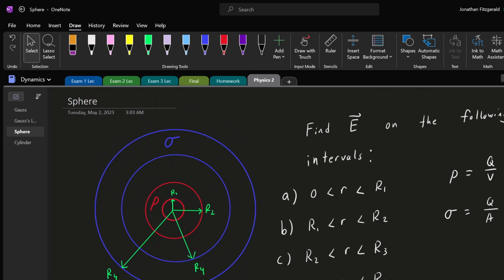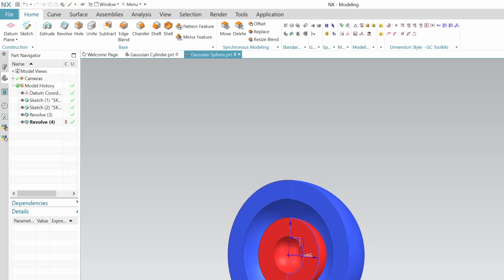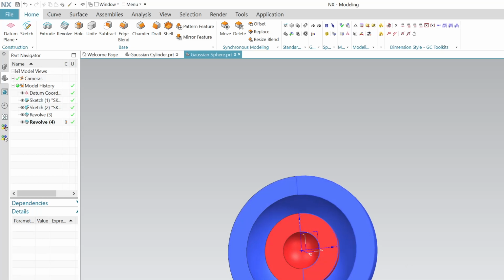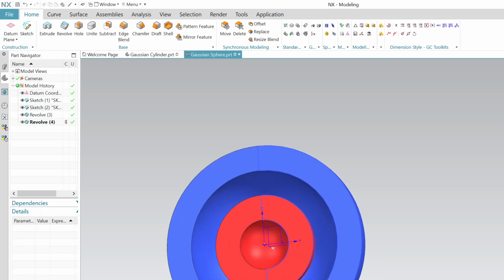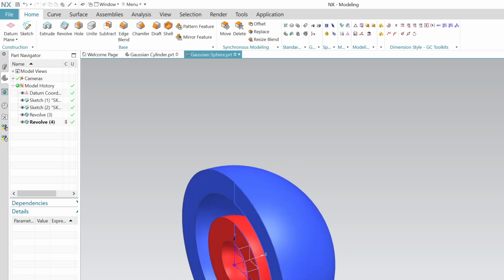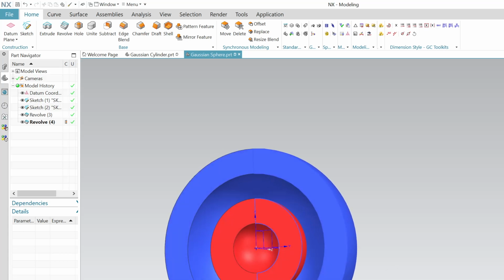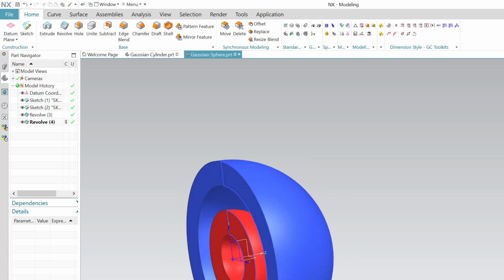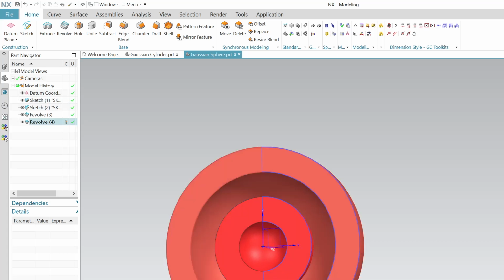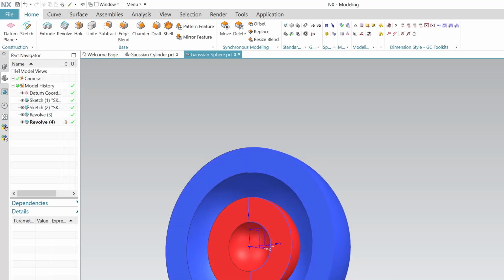So what does this look like? We're looking at this. In red, we have our insulator. And from 0 to this first radius, it is empty space. This is like the cross section, basically. And then from this R1 to R2, we're inside our insulator. And then from this R2 to R3, we again have empty space.